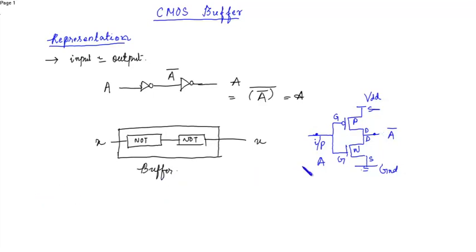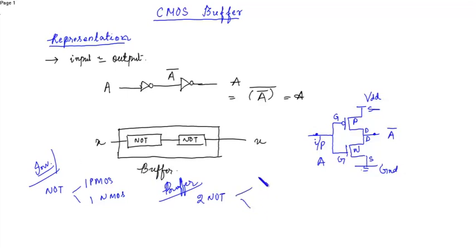So in the structure of one NOT gate, we have one PMOS and one NMOS. For a buffer, we need two NOT gates, that means two PMOS and two NMOS.